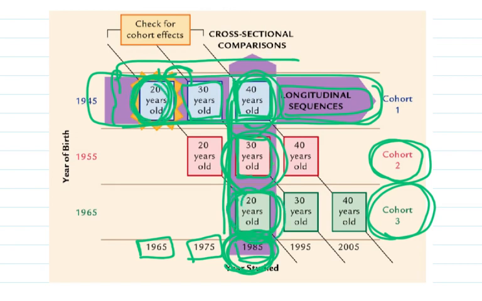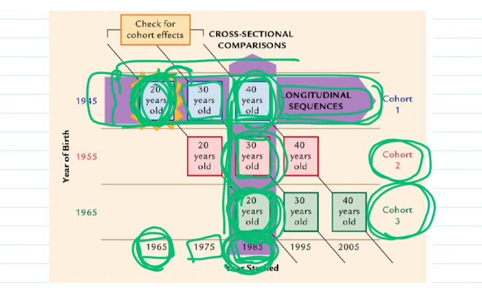And you can find out what the cohort effects are. The 20-year-old cohort 1 that you were studying in 1965, how does that compare to the 20-year-old cohort that you're studying in 1985? Right? So that will tell you something about the differences between these cohorts as well, right?